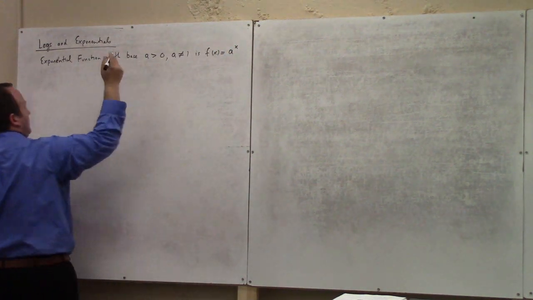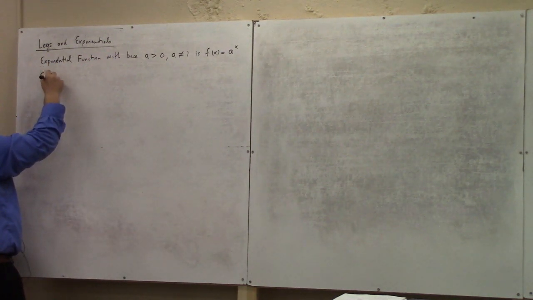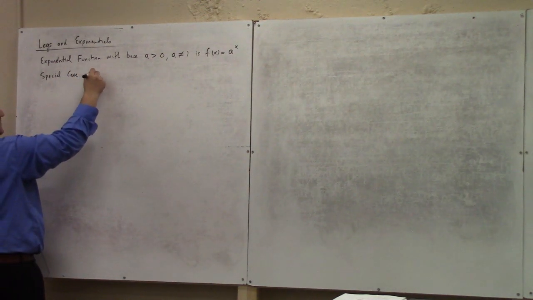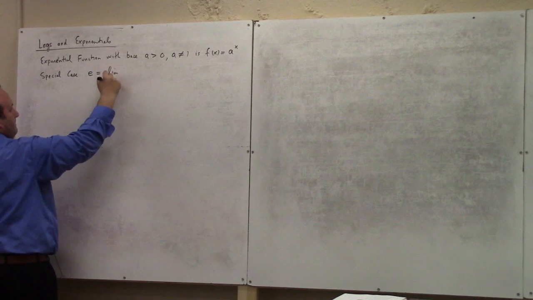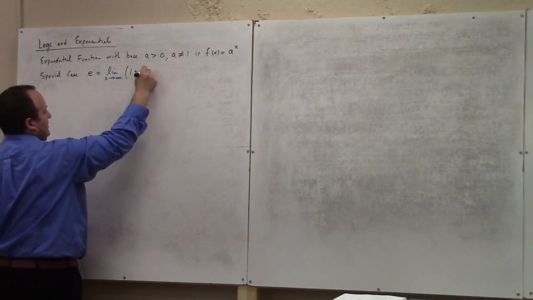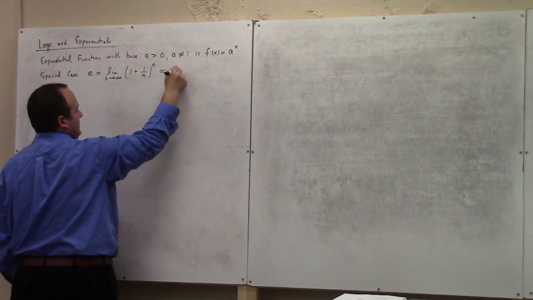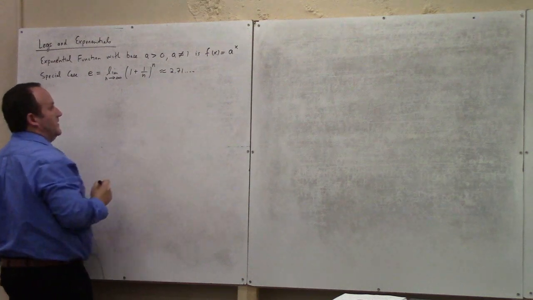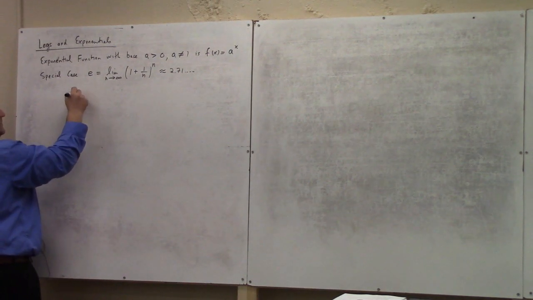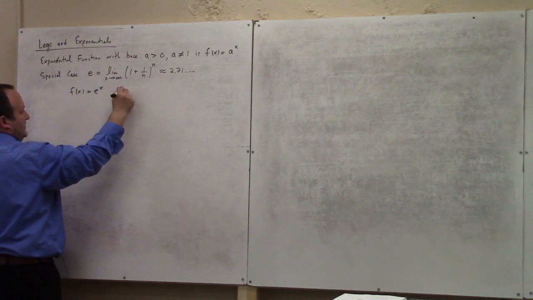And you remember, just to give a quick recap, special case, e equals the limit as n goes to infinity of 1 plus 1 over n to the n, which is approximately equal to 2.71 and so forth. This defines f of x equals e to the x, sometimes called the exponential function.